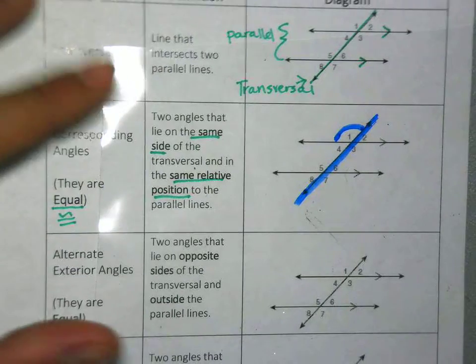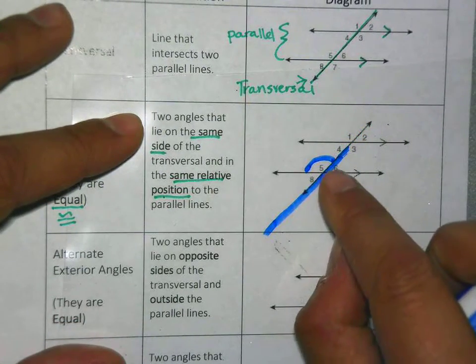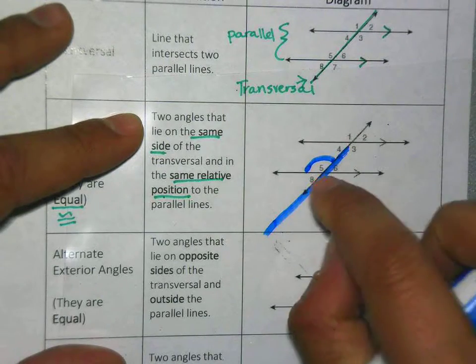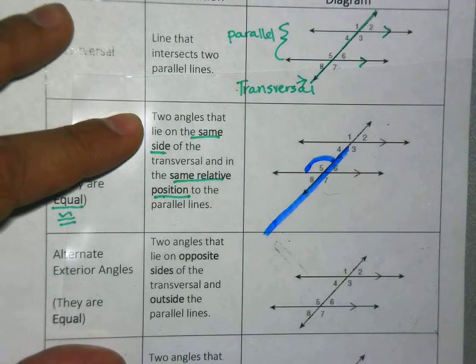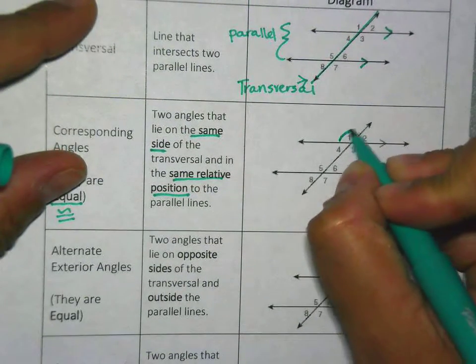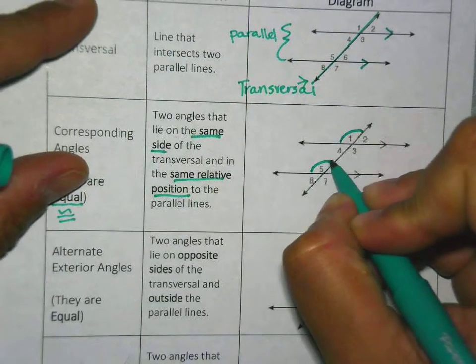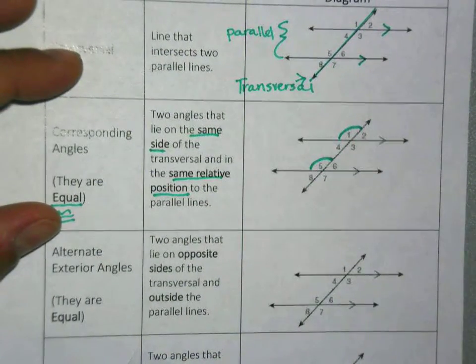And you can see that by sliding your transparency down and seeing that these 2 angles have the same arc length, meaning they have the same degree. So I'm going to label angle 1 and angle 5 as congruent, by putting the same arc around both of them.